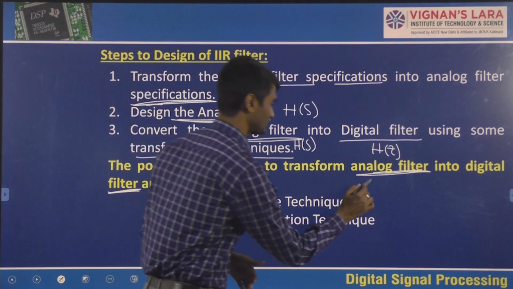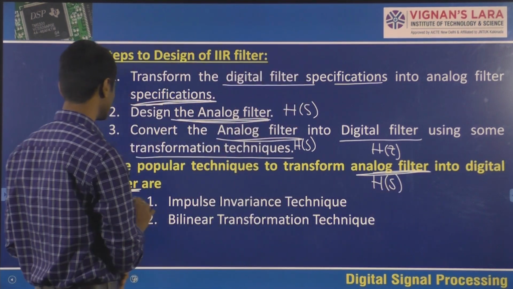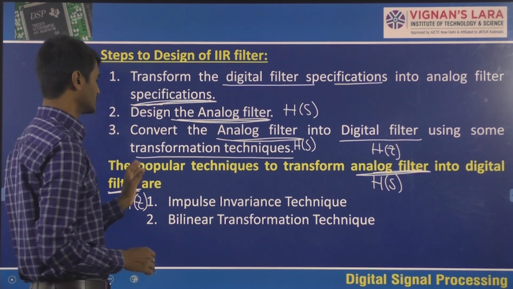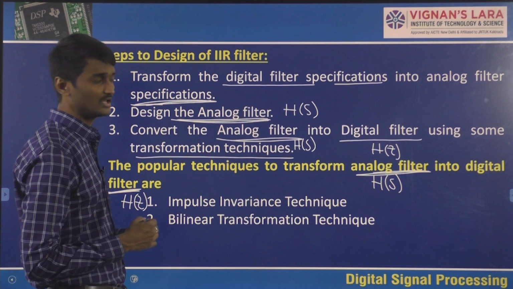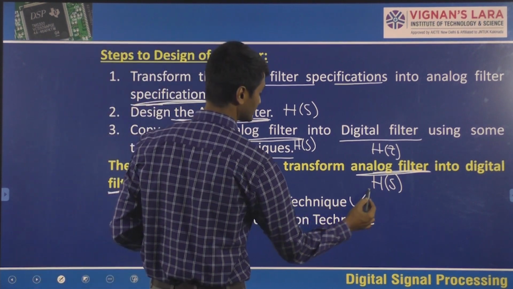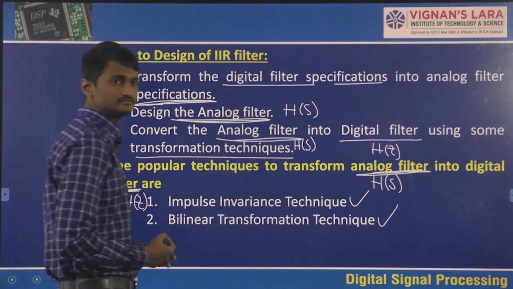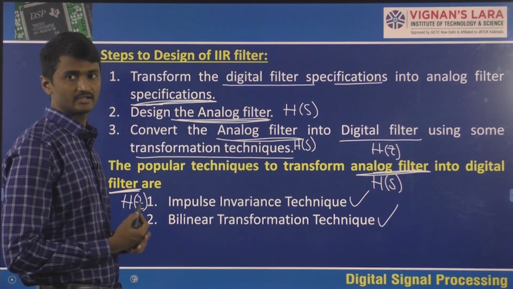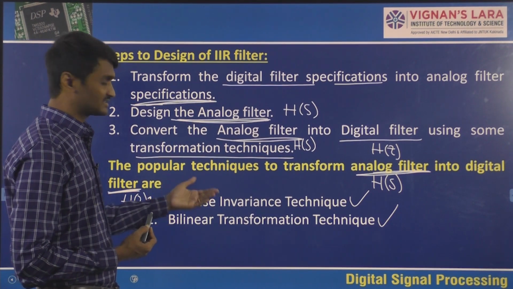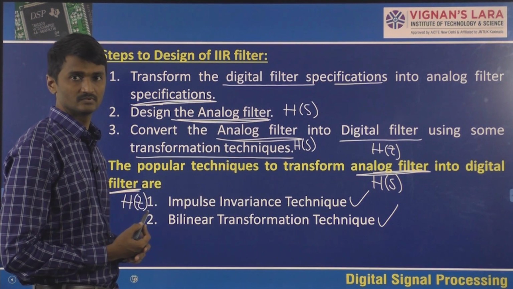We know the analog filter transfer function is in the form of H of S, whereas the digital filter transfer function is in the form of H of Z. In the next lecture we will discuss these techniques one by one. Okay, thank you.